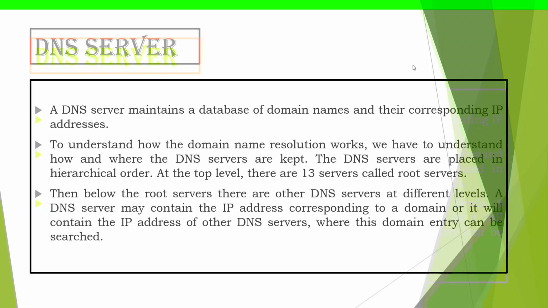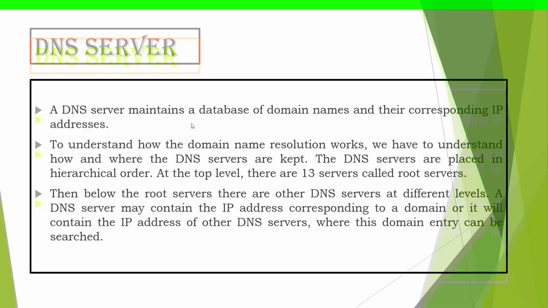To understand how domain name resolution works, we have to understand where the DNS servers are kept. The DNS servers are placed in hierarchical order. At the top level, there are 13 servers called root servers, which maintain a database.